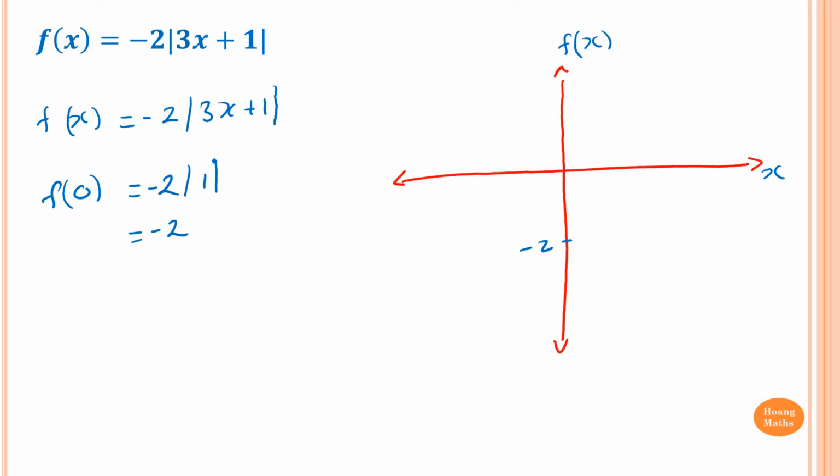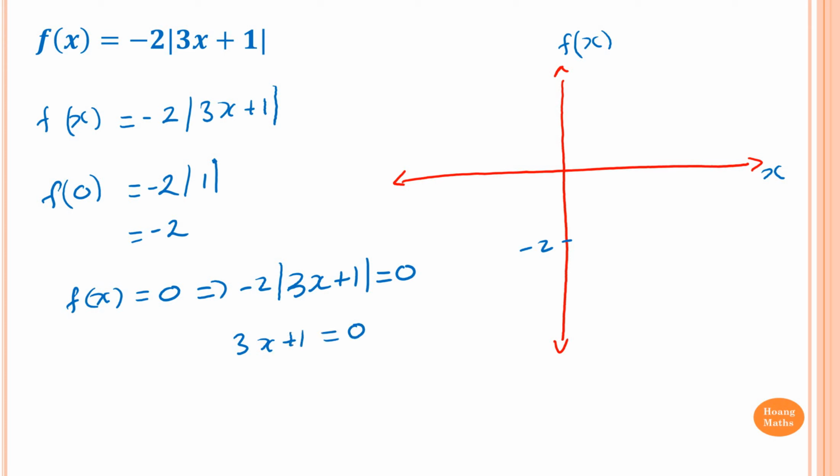And then what happens is to find the x-intercept, that means when y equals 0, in other words, f(x) is equal to 0. So this means that negative 2 times the absolute value of 3x plus 1 equals 0. I divide by negative 2, it's the same thing. So that means 3x plus 1 equals 0, which is an absolute value, but it's the same as without the absolute value.